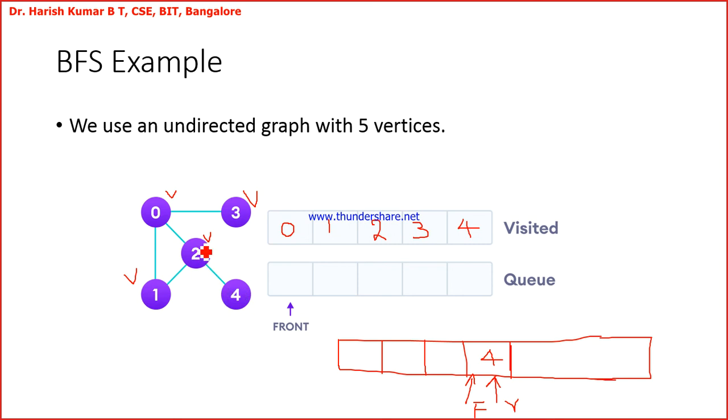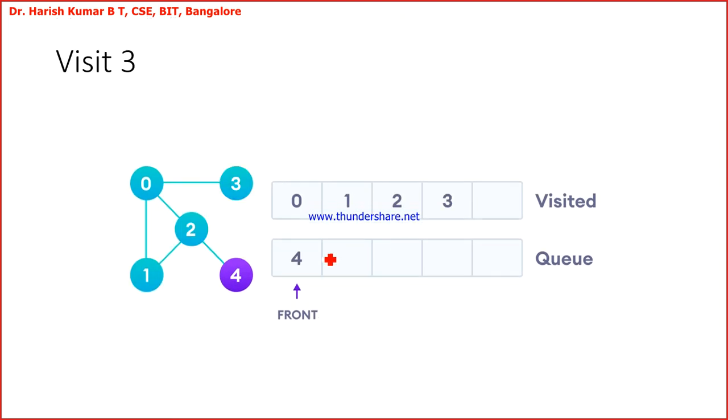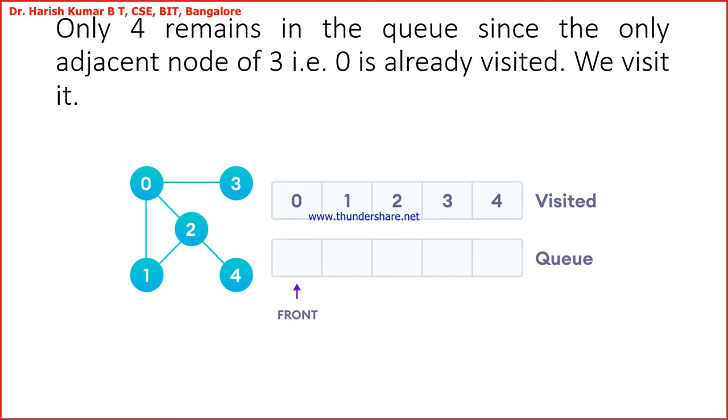The node adjacent to 4 is only 2 and it is already visited. I don't insert anything at the rear end. Now this 4 is also deleted. Now the queue is empty. Now the process stops and 4 is also visited. Correct, right? Yes, sir. Okay. So same thing. 3 gets visited and then finally 4 is added to the queue.